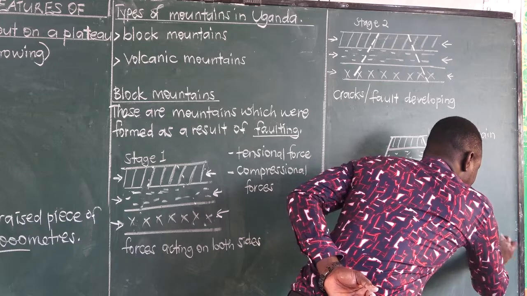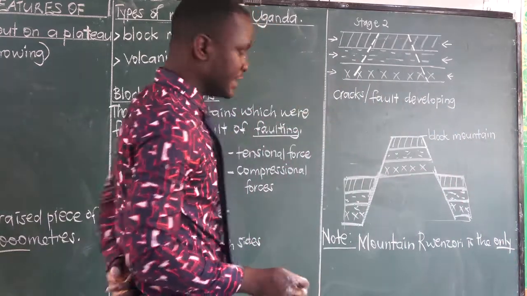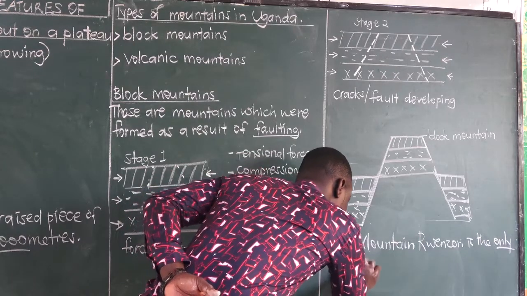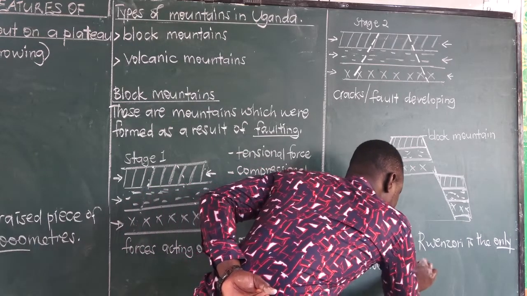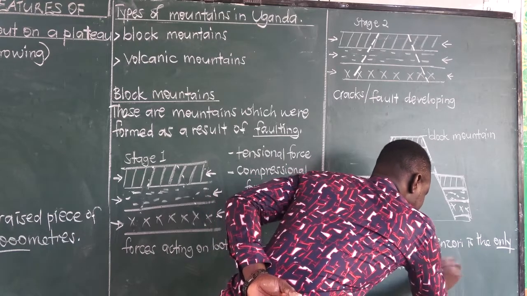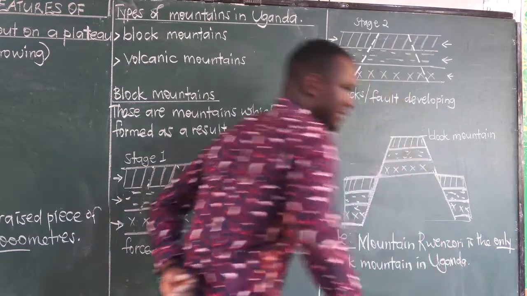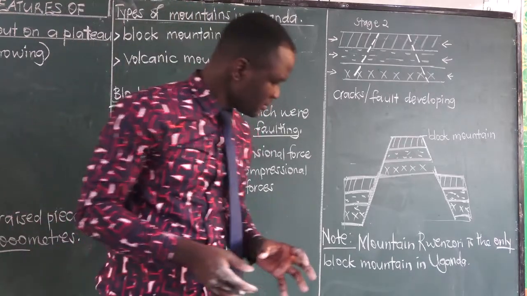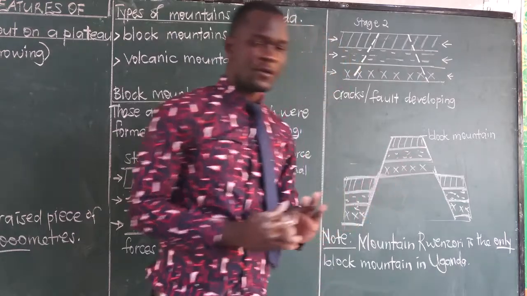is the only, I have even underlined only, is the only block mountain in where? In Uganda. I'm not saying in the whole world. I'm not saying in East Africa. I'm not saying in Africa. But I'm saying in Uganda, the only block mountain we have is Mountain Rwenzori.